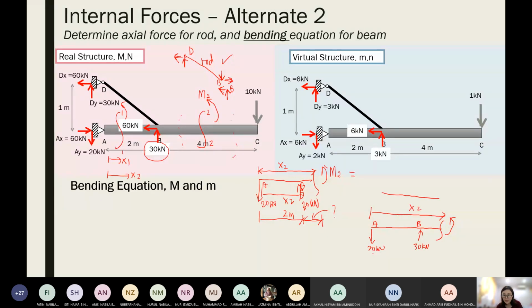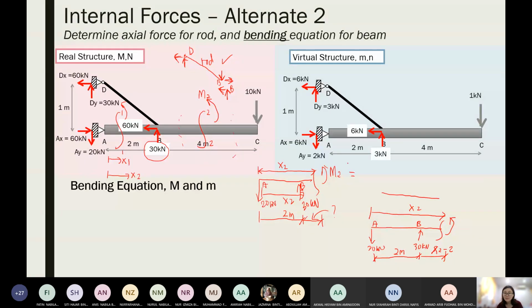And I know that A to B is 2 meters from the system. So from B to the cut section, how much is the distance? x2 minus 2. Next time I will draw my free body diagram better. So now you know all the distances.